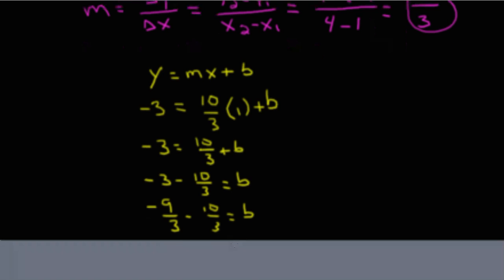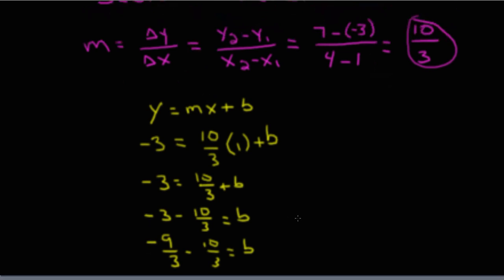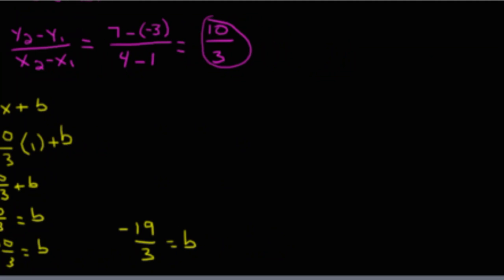So b is negative 19 over 3. So now we have our slope, 10 over 3. We have our intercept, negative 19 over 3.